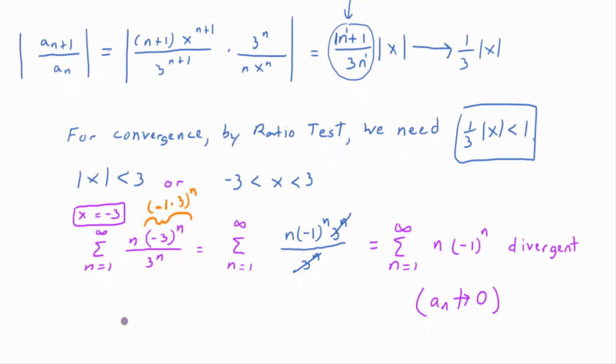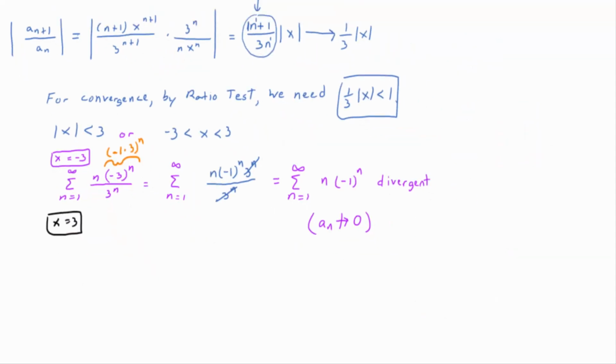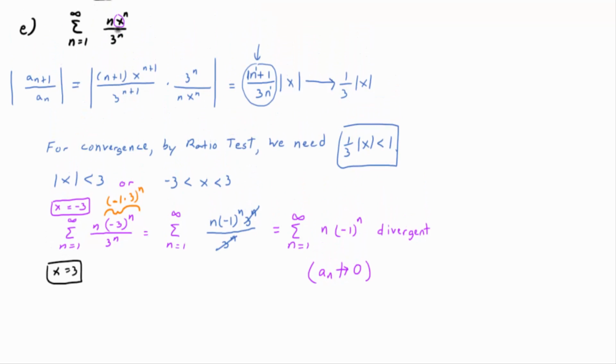What's the other endpoint we need to check? So for x equals 3, what does that series become? Okay, so you plug in x equals 3, and what do we get? That's weird.